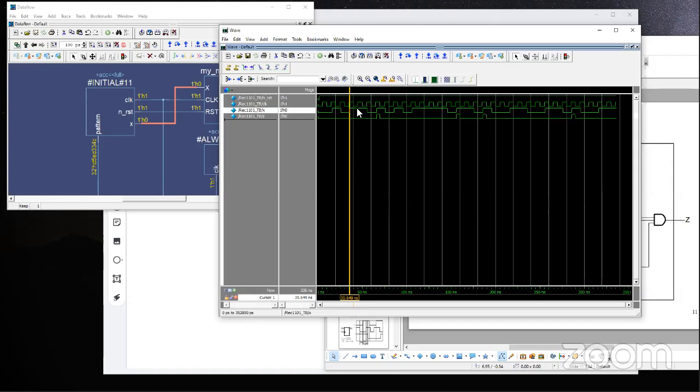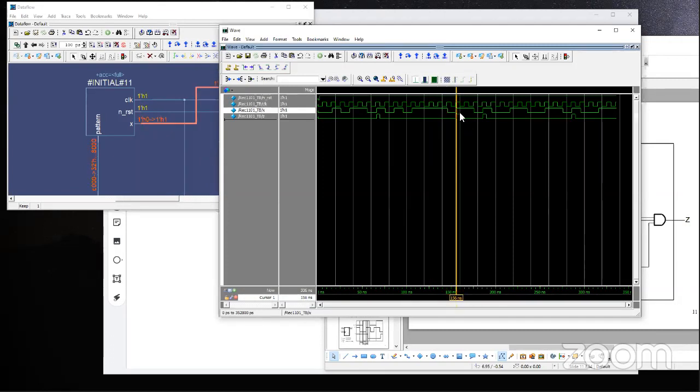Now it is going 1, 1, 0, 1. So see, it is blipping here, and it's blipping here. So is it correct? 1, 1, 1. Okay, 1, 1, 0, 1. Yeah, so it is basically recognizing that.